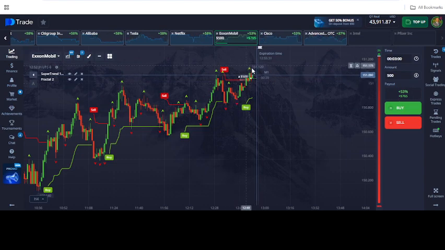Even though I see a green fractal here, I think it's going to be temporary because we have the buy signal and the candle already closed above the line here. So let's monitor this trade over the next 3 minutes and wait for the expiration.